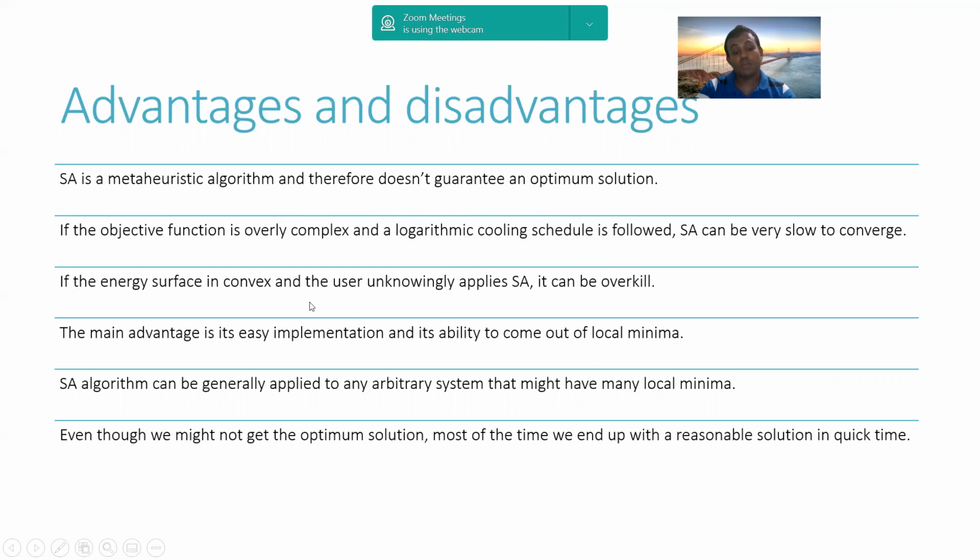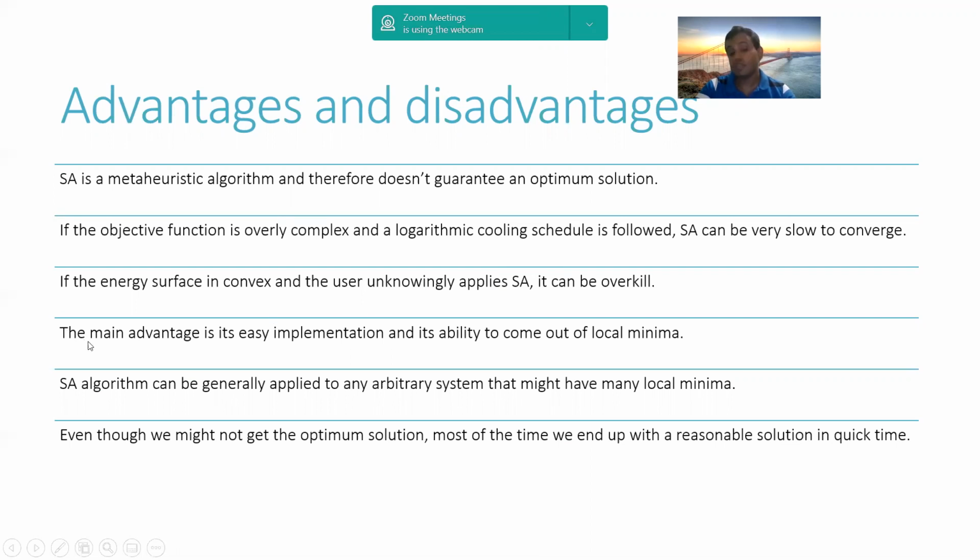And unknowingly, if the user is dealing with an energy landscape that is convex, that means there is only one minimum, there are not a whole lot of local minima, then using simulated annealing can be overkill, because in that kind of simple situation, we can use a simpler method like the gradient descent method.